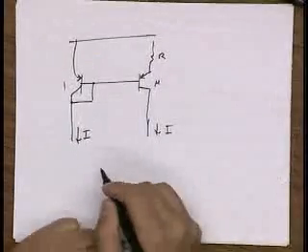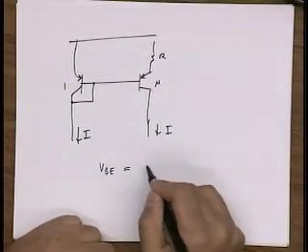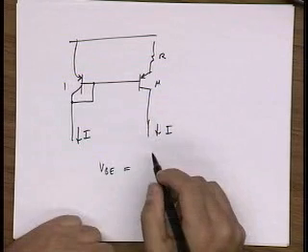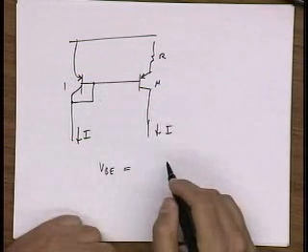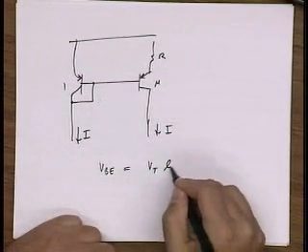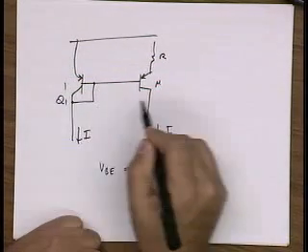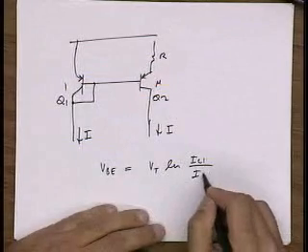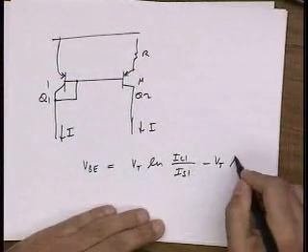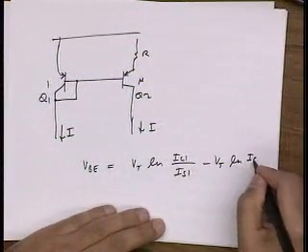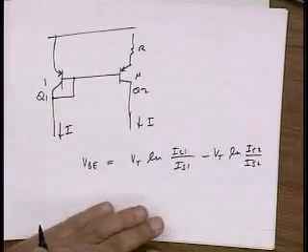So what is delta VBE? Let's just calculate that. So delta VBE is, let's say, VBE of 1 minus VBE of 2. So that's VT log of IC1, let's call this Q1, Q2, over IS1, minus VT log of IC2 over IS2.